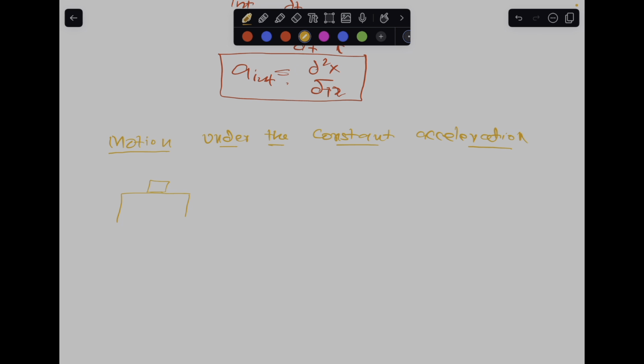So the velocity versus time graph of this situation, vx versus t. The object has 0 acceleration, so it will remain over here. It doesn't change its position.